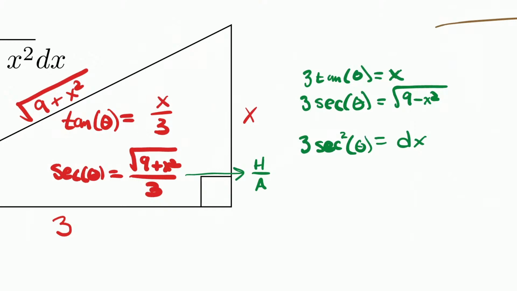Okay, very good. Remember, the derivative of tangent is secant squared. The derivative of secant is secant tangent. It's easy to get those mixed up, but you're doing great. Okay, so there's my dx, oh, I should have a d theta there somewhere.